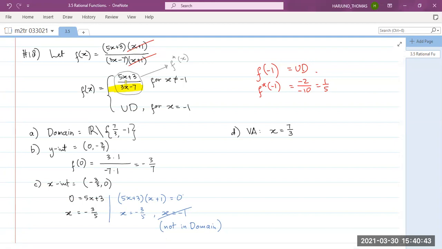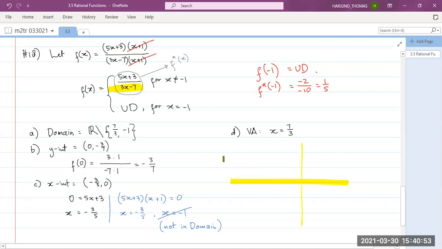Hold on, Thomas. -1 is not in the domain, but it does not become a vertical asymptote. Why is that? You will see later on that -1 will become a hole. And then you have a vertical asymptote at 7/3, approximately like that.